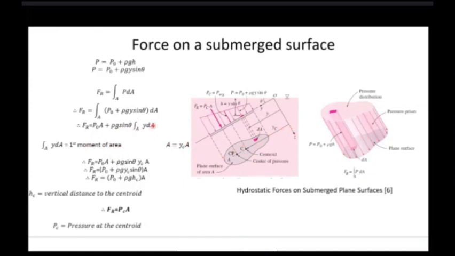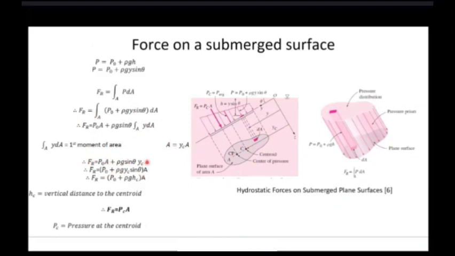Okay, so let's rewrite this equation. But instead of writing the integral over the area of y, that's my first moment of area, I'm just going to write YC A, my distance to the centroid times the area. So I've got F_R equals P0 A plus rho g sine theta YC A, where YC is my distance to my centroid.